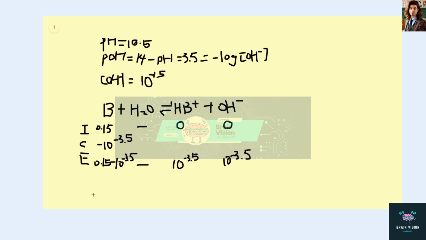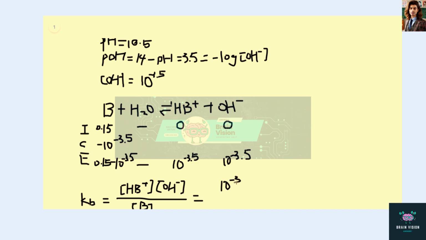So once we obtain the concentration of each major species in the solution, we would be able to calculate the Kb from the concentration of the protonated base at equilibrium state times the concentration of the hydroxide at the equilibrium stage divided by the concentration of the base, which we can plug in all three numbers here.